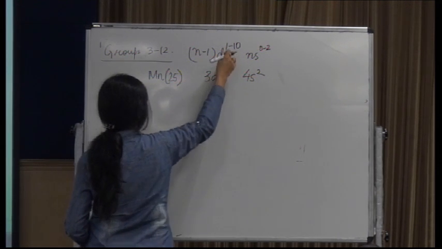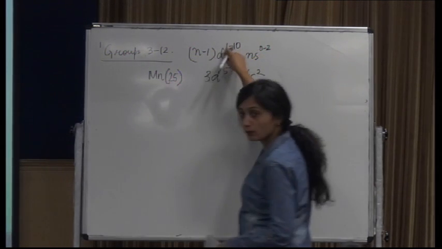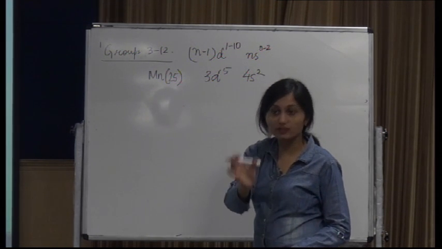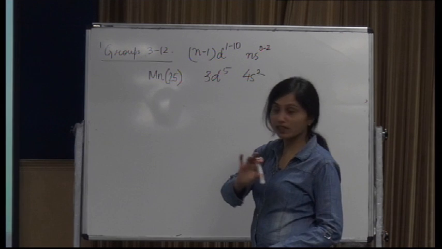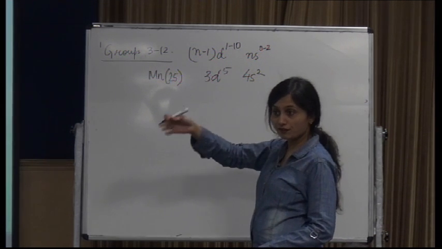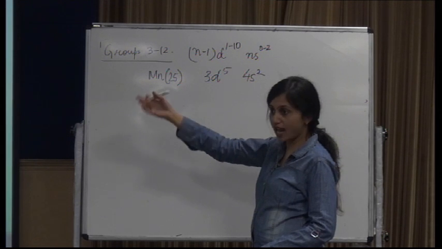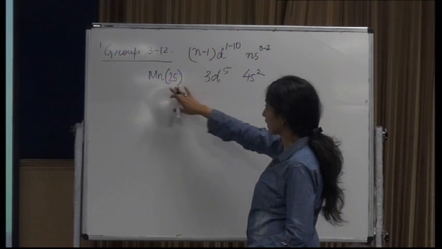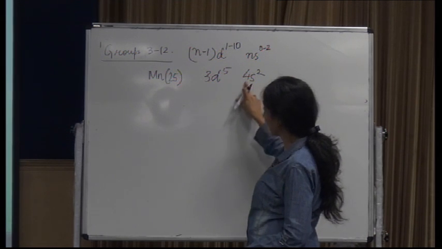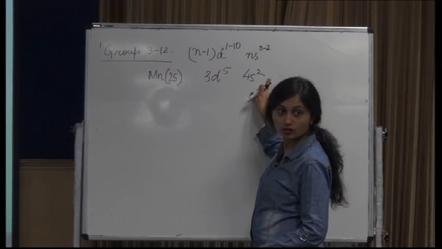So you see that d 1 to 10 will be according to the positioning in which group. If it is in the third group it will be d1, in the fourth group d2, in the fifth group d3 and so on. So you can find that out, 3d5, but the s will be one number higher, 4s2. Got it?